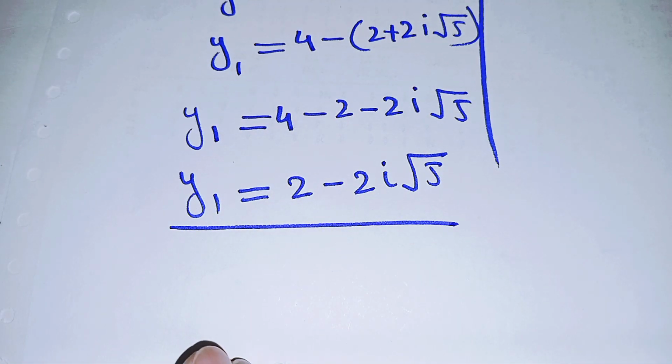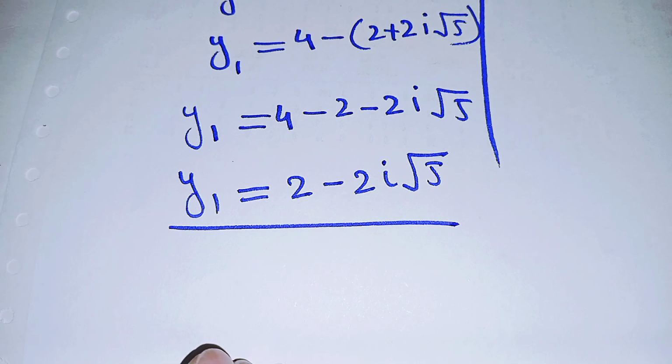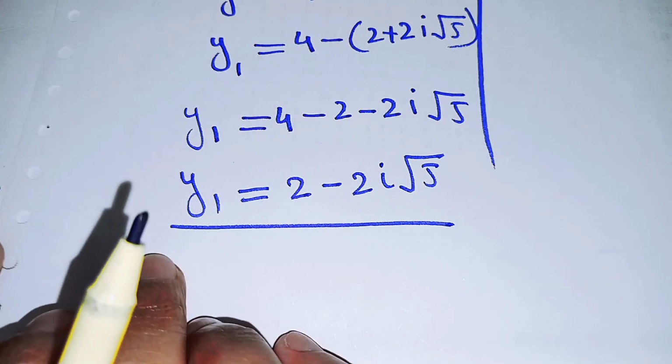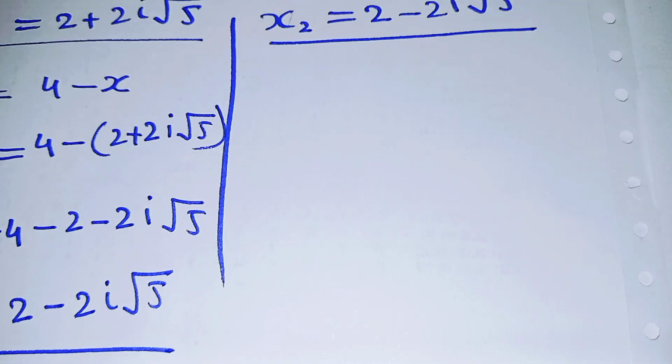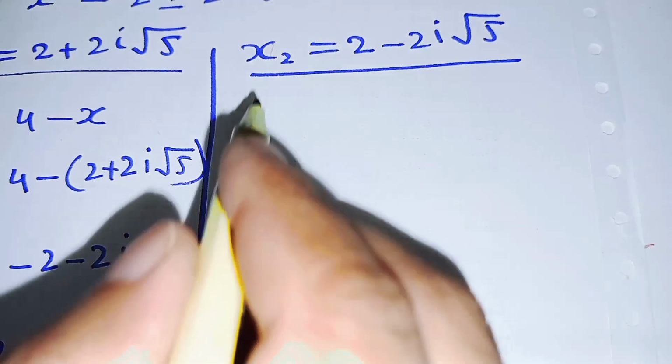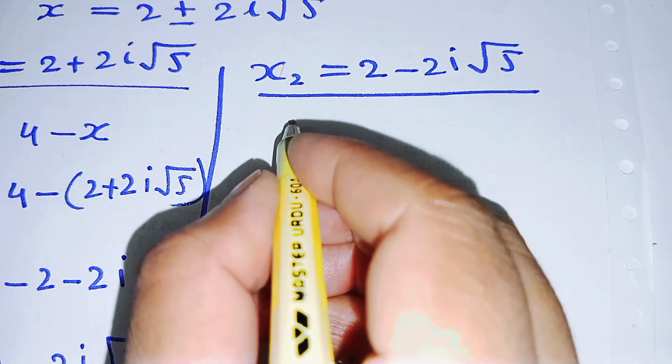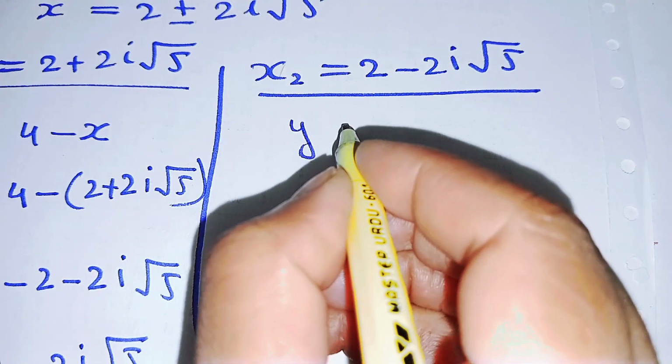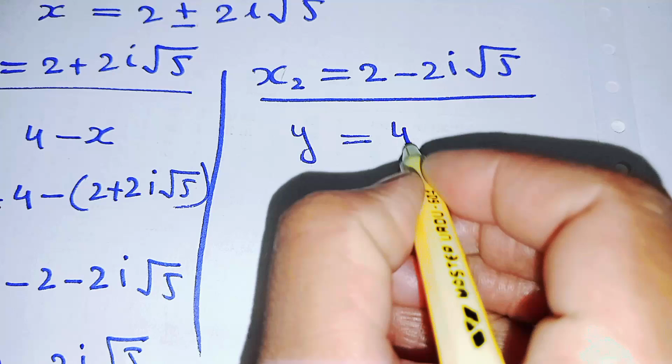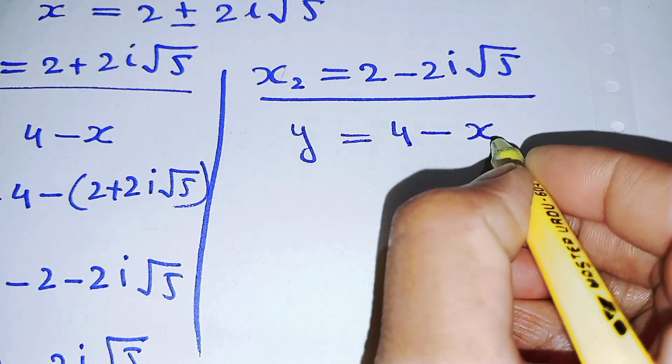In the next step we find the second value, again using y is equal to 4 minus x.